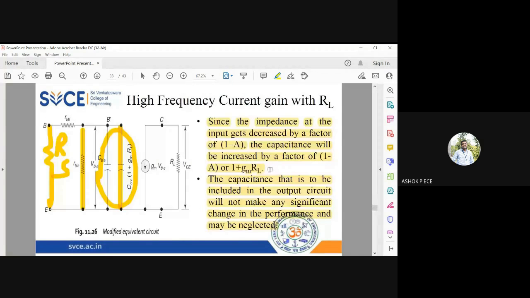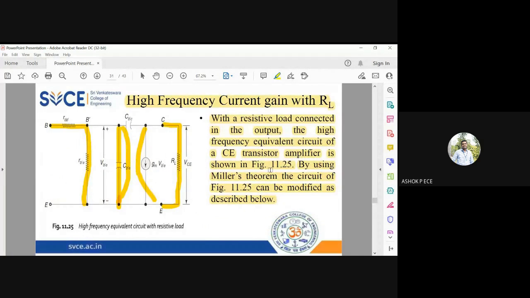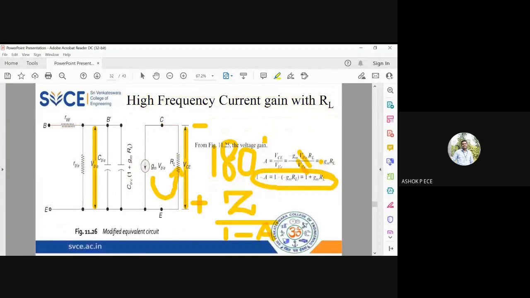Okay. So any doubt in finding out the high frequency current gain of the amplifier with load resistance?